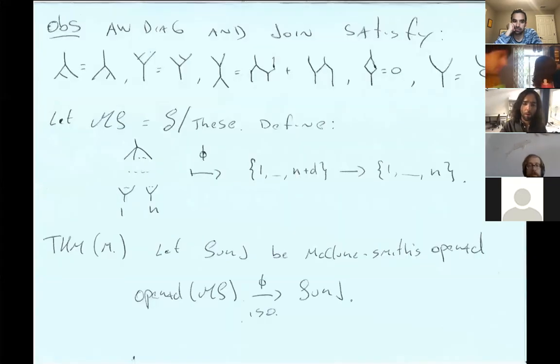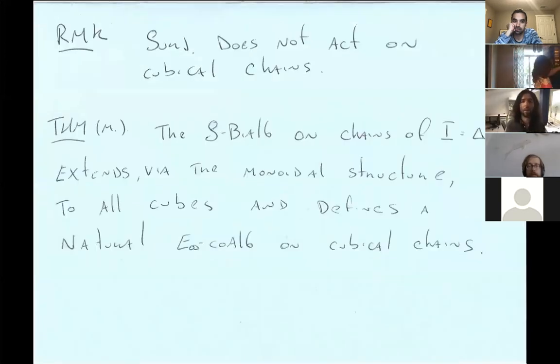Now, one of the things that the surjection operad cannot do is to act on cubical chains. And one of the advantages of not passing to the quotient by all those extra relations is the fact that there is an S bialgebra structure on the interval, which is the one simplex, so we already knew it from before.